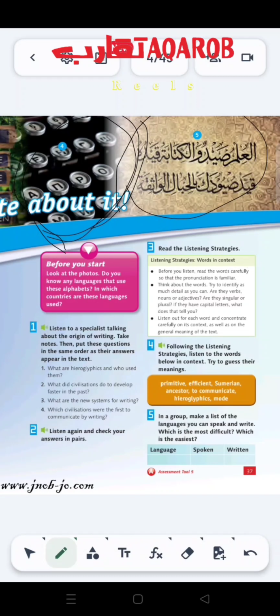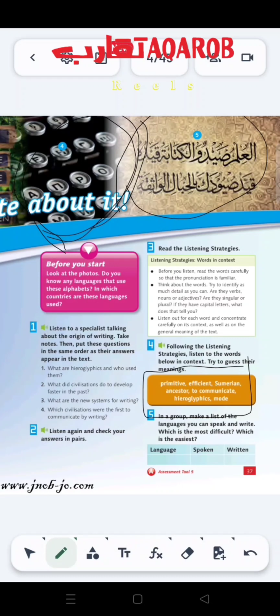Now let's find out the meaning of the words and give examples for each one of them. So we have words here. Let's read them. 1. Primitive. 2. Efficient. 3. Sumerian. 4. Ancestor. 5. To communicate. 6. Hieroglyphics. And 7. Mode.